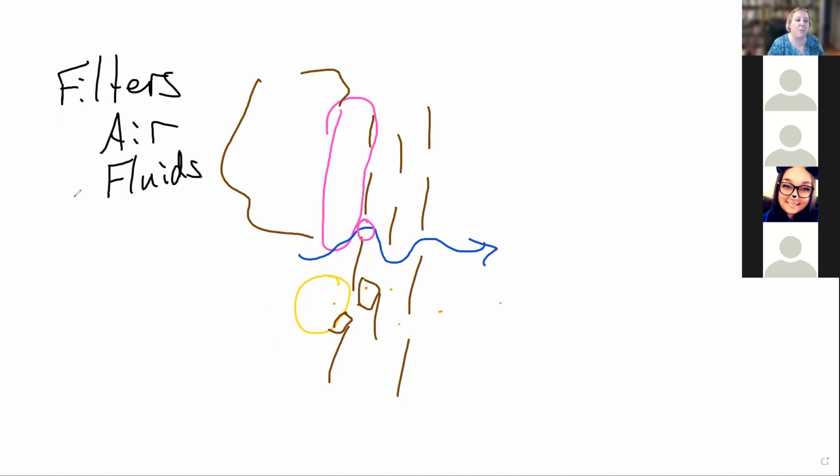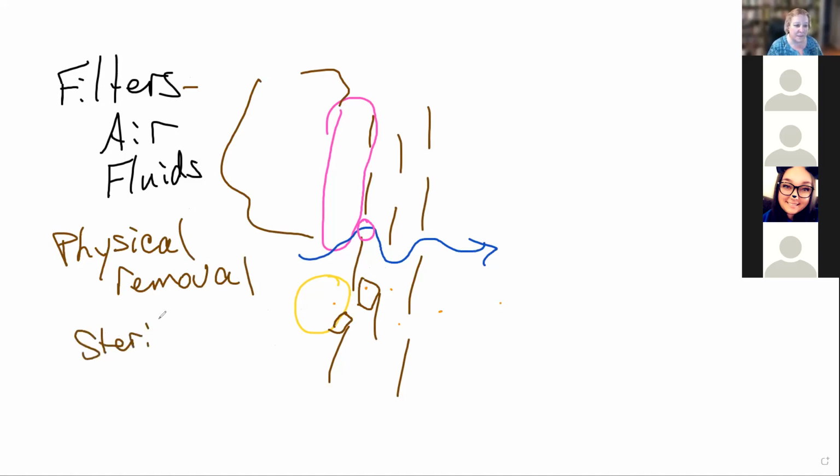So the principle that we want, what we're trying to do with filters, is physical removal. And by physically removing, you can sterilize. You can physically remove greater than or equal to 6 logs.